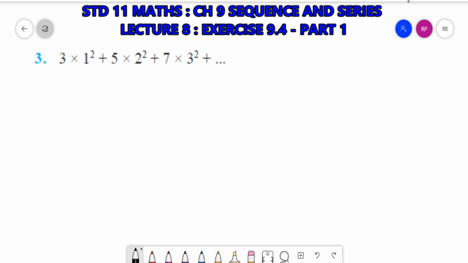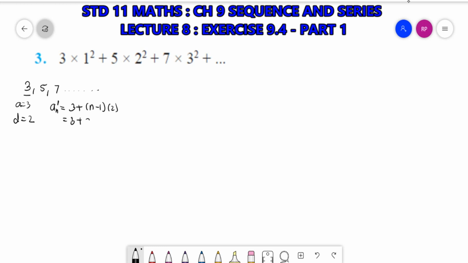Question number 3. It's 3 into 1 square plus 5 into 2 square plus 7 into 3 square and so on. So the first series is 3, 5, 7 and so on. So a equal to 3 and the difference is equal to 2. So the nth term, let's say an dash first, will be equal to a plus n minus 1 into 2.